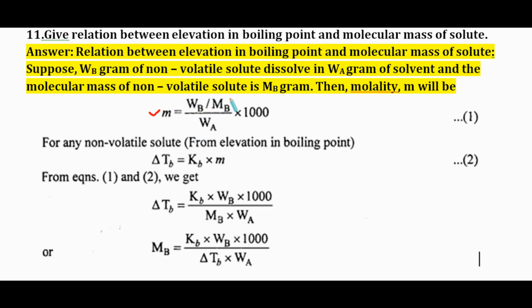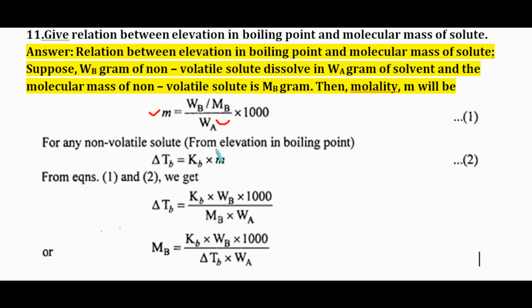Here this is Wb upon Mb, which is the number of moles, and the number of moles can be found by weight of solvent upon molecular weight, into 1000. For any non-volatile solute, from elevation in boiling point, delta Tb equal to Kb into m.